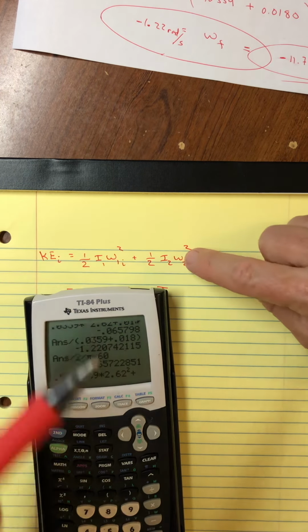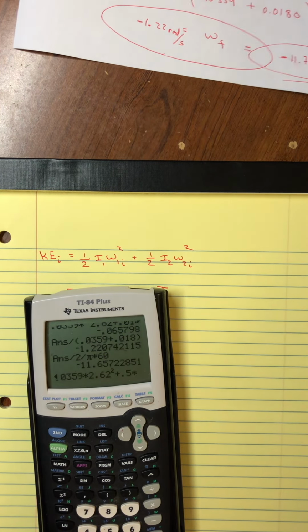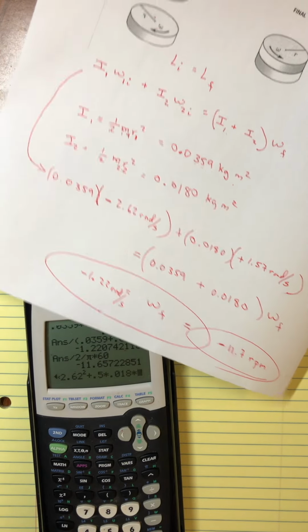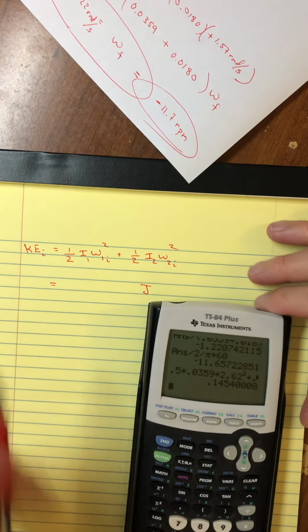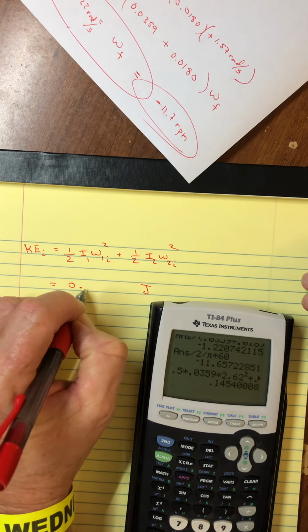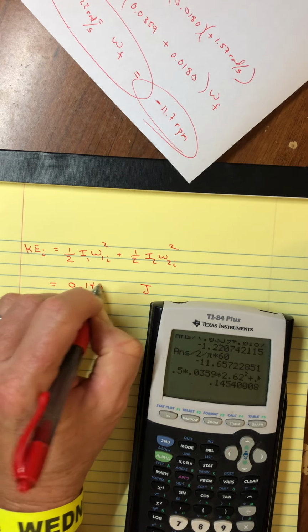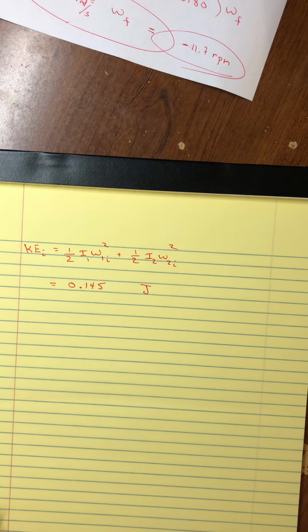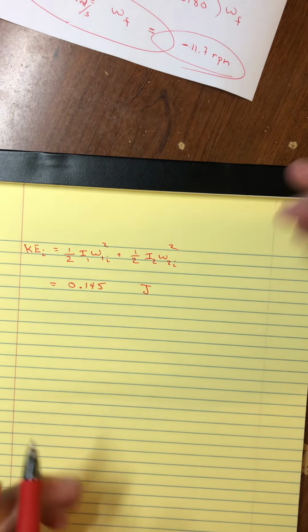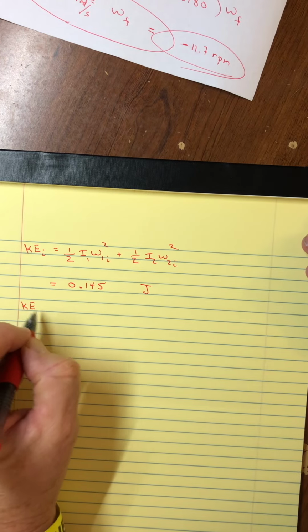Let me add that to 1/2 times the inertia of the other one, 0.018, times its speed, which we said was 1.57 squared. And so if I hit enter, it looks like we've got 0.145 joules of energy before there's any rubbing going on.